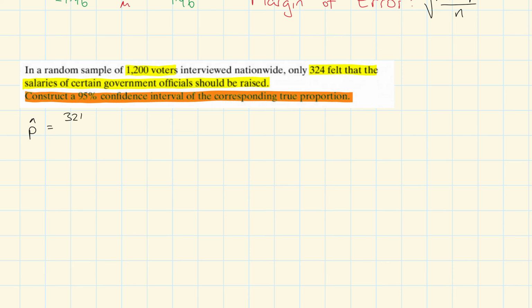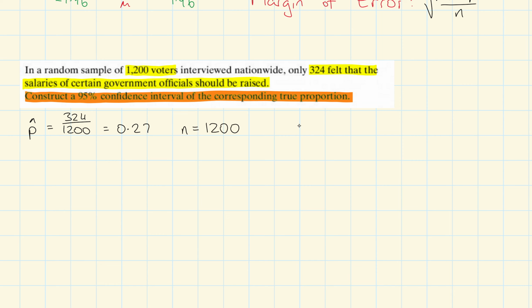It'll be 324 over 1200. You can test this in your calculator, and if it tidies up to a neat enough decimal, you can work with that. Otherwise, we'll leave it in fraction form. So here we get 0.27. That's fine. And then we have our n value, which is always the original, so 1200.